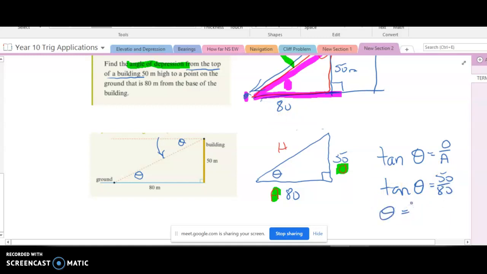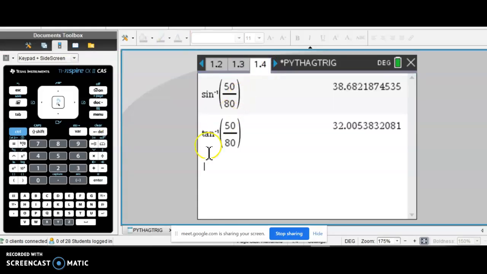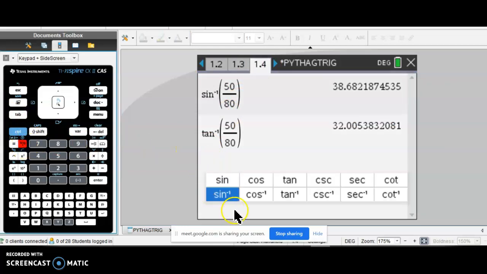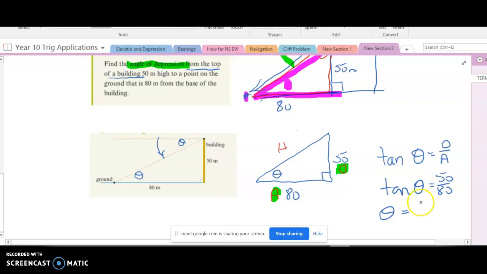Theta equals, remember, we can go to our calculator, the trig button, the second row, if you know the ratio, find the angle. Inverse tan of 50 divided by 80, and we get 32.005, which is near enough to 32 degrees. So simply put, 32 degrees.